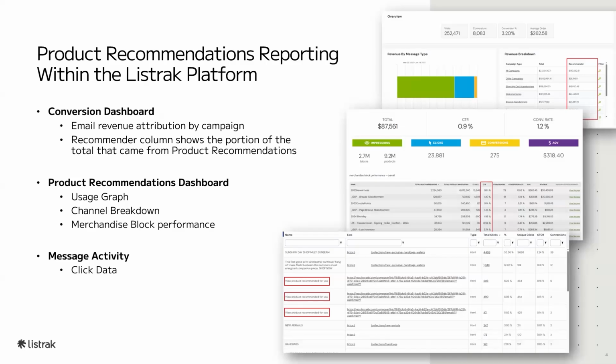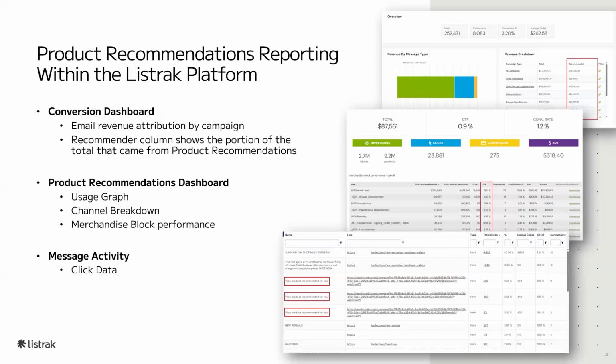If you see zeros in that recommender column, that's usually an indication that there's not a merchandise block or any product recommendations in that campaign. If there are recommendations and there's still zero revenue, that's definitely a flag to go and inspect the recipe strategy and all of the other KPIs that we want to look at. The product recommendations dashboard is going to give you a snapshot of just the product recommendations.